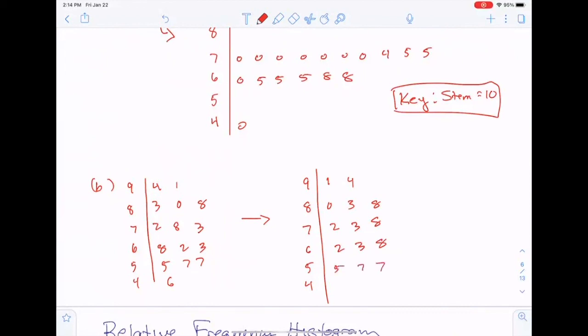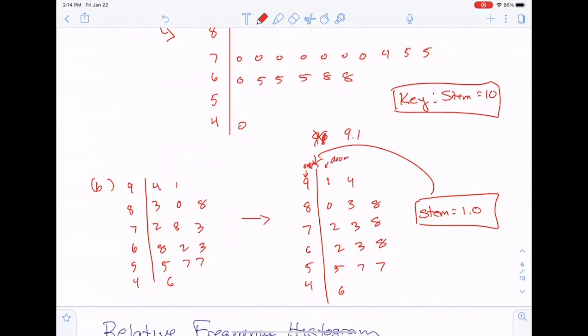And here, our key would be that the stem is equal to 1.0. And that tells us that these values are not 91, but they're actually 9.1. That this is the ones place, and then this must be the first decimal. That's how we would read that.